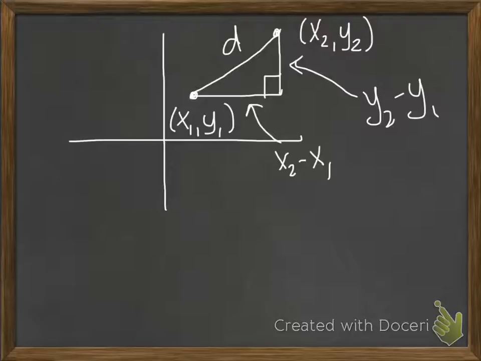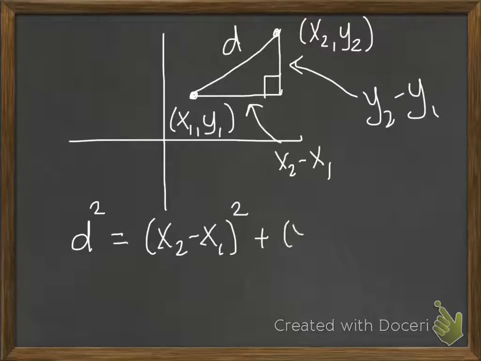So now, if we think about the Pythagorean theorem, and again, you're just watching, you don't need to write this down, it says a squared plus b squared equals c squared. So d is like our c, our hypotenuse, and if I take x2 minus x1 and square it, I'm going to add it to y2 minus y1 squared.